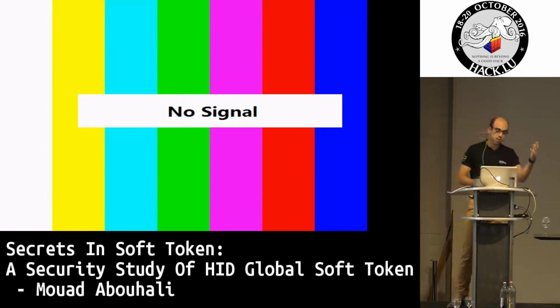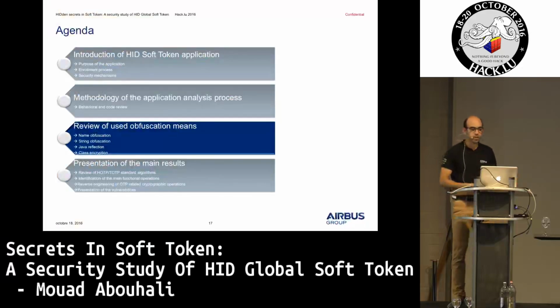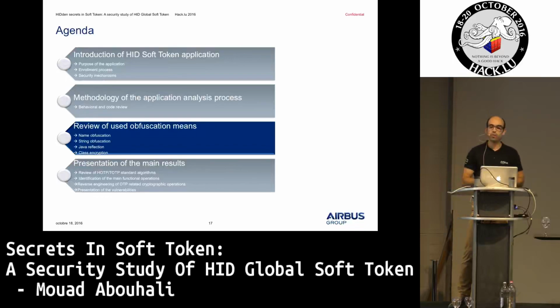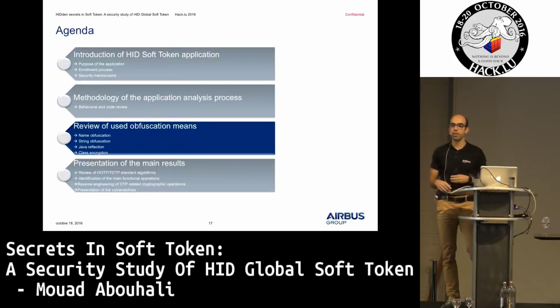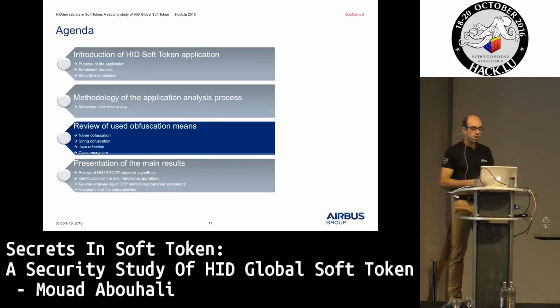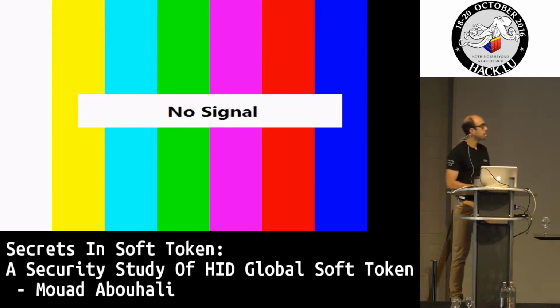So we opened the box, and the first thing we faced was the security mechanism that was used by the application to protect itself. The first mechanism was name obfuscation. It's a simple mechanism, but it can be very, very hard for an analyst to deal with. The idea is very simple here.